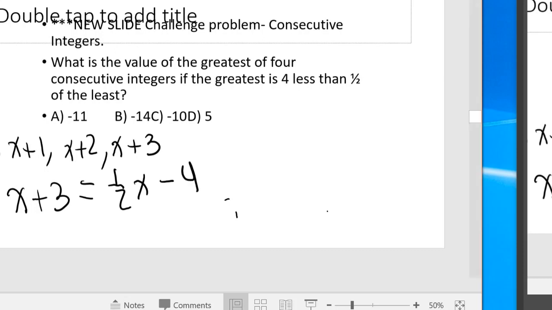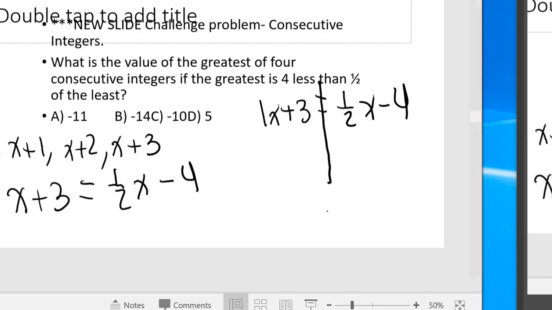All right, and then you can solve this, right? Does everybody know how to solve this? In case you don't, I'm going to do a quick solve. 1x plus 3 is equal to 1/2 x minus 4. I'm going to subtract 1/2 x. I'm going to make 1x into 2 over 2x minus 1/2 x, plus 3 is equal to negative 4.